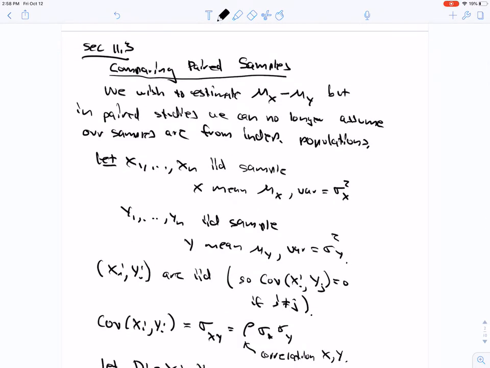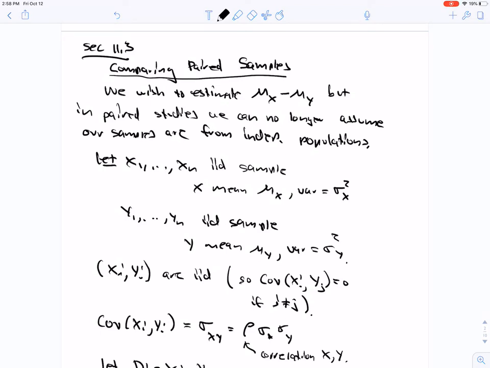So, section 11.3, comparing paired samples. We wish to estimate the difference in the population means of two populations, X and Y, but where X and Y are correlated, there's a pairing between Xi and Yi.